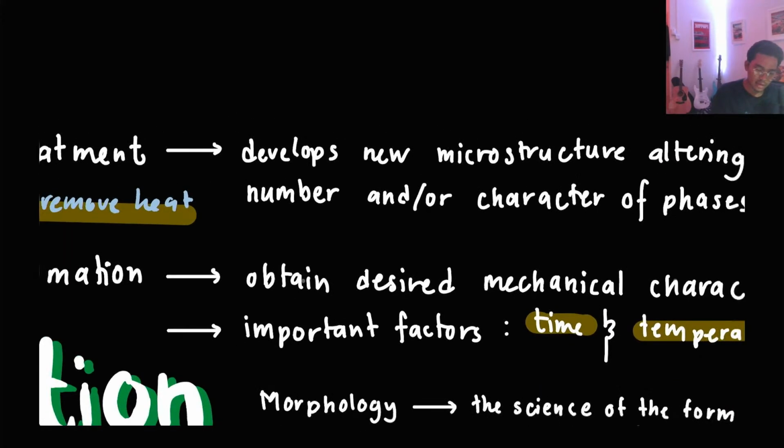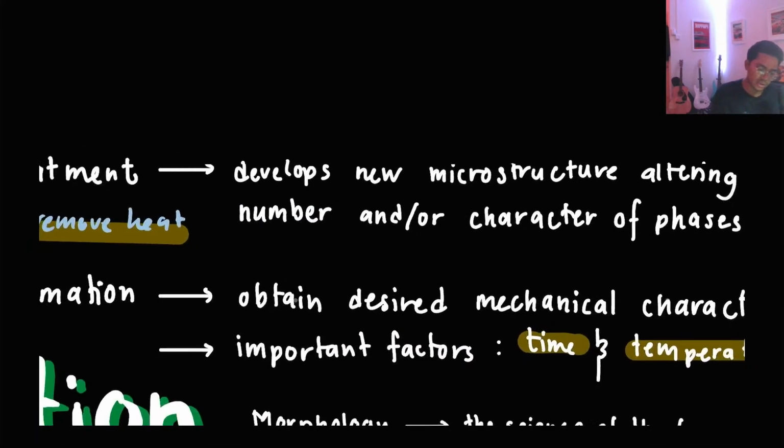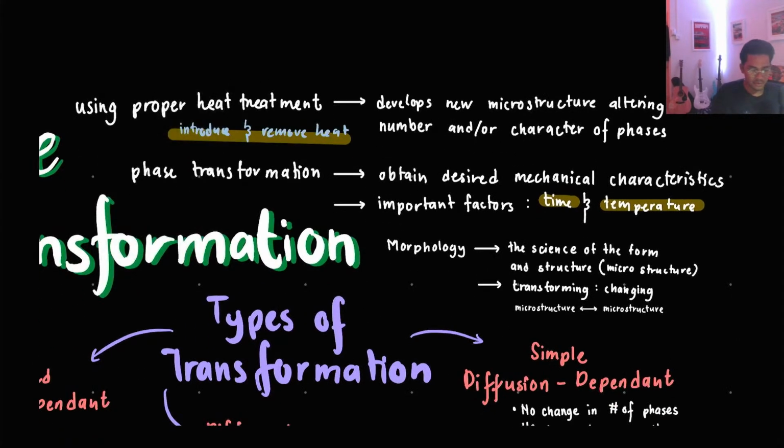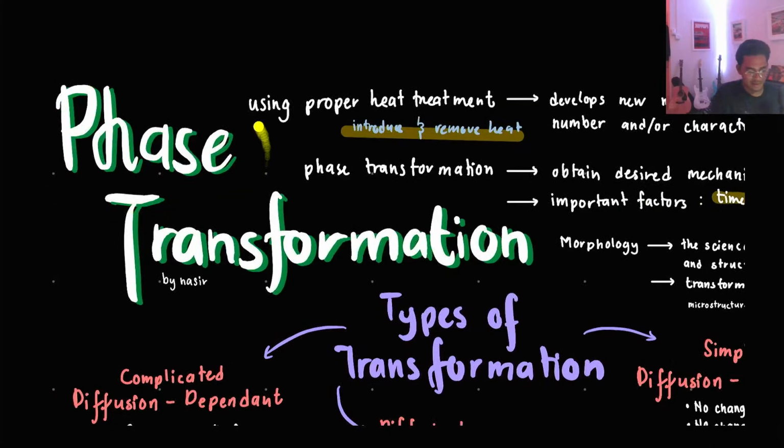Okay, that is how heat treatment works. So what does removing and introducing heat do to a material? It develops new microstructure, altering the number and the character of the phases. So phases is an important keyword that we want to focus on, because the topic is actually phase transformation.